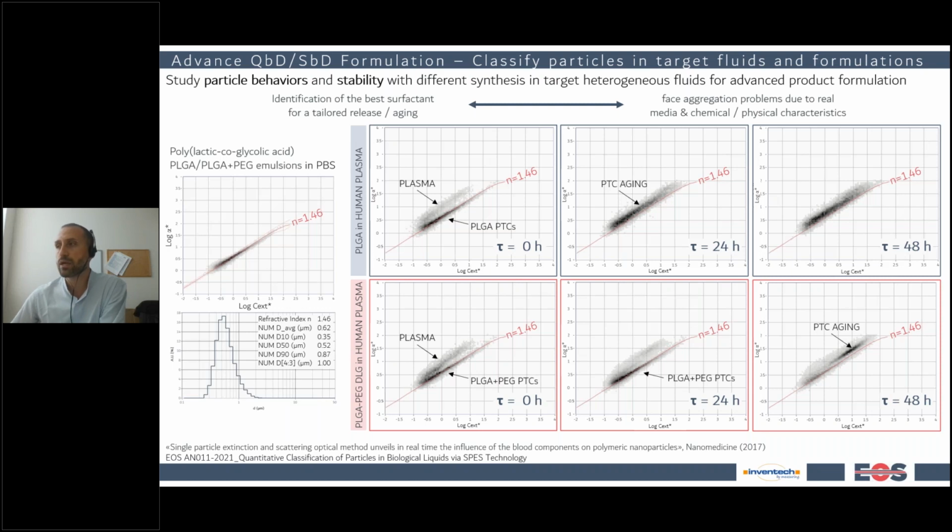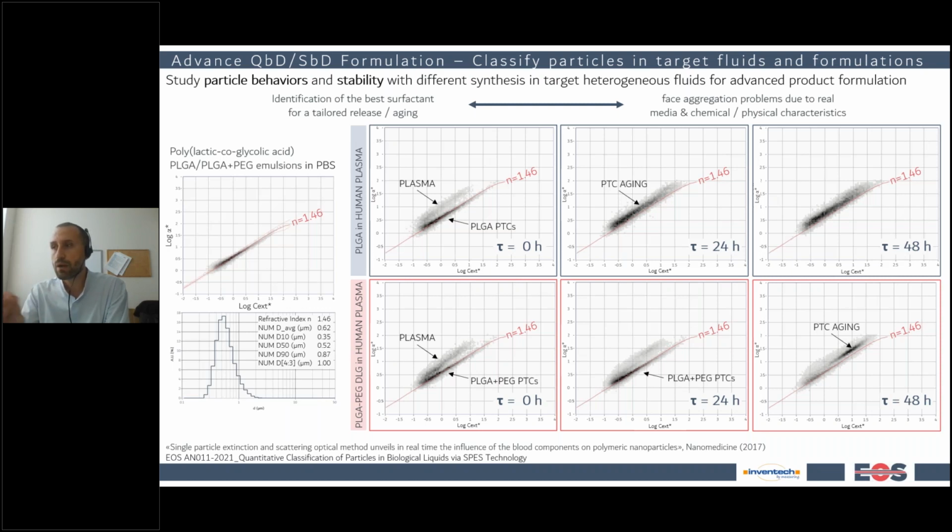And we are able also, thanks to this tool, to define the best formulation to have a given release in the target media. For example, you have to define which is the best formulation. You can try them directly in the final target liquids, regardless of the complexity. And you can judge the best formulation, the best chemical or mechanical treatment, on the basis of the results in the target fluids, not in simple ones.